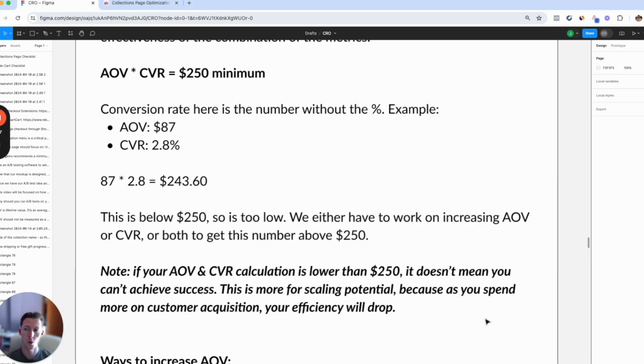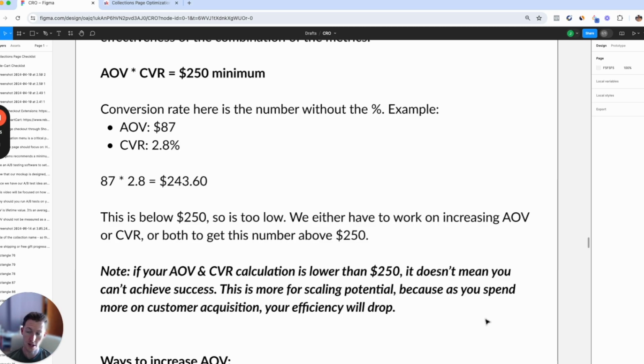Now, where this plateau occurs is different for every business. We've seen it happen at the 180K mark revenue per month. For other brands, we've seen it happen at $1 million per month. So very, very different. But if you see right now that you're below 250, try and start to do things that will increase that.